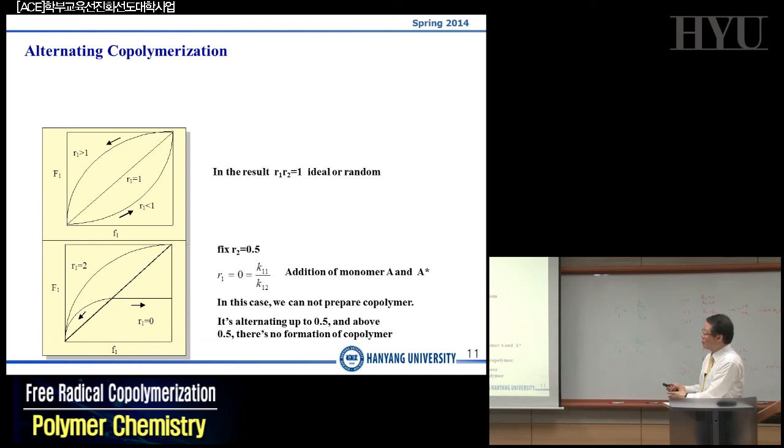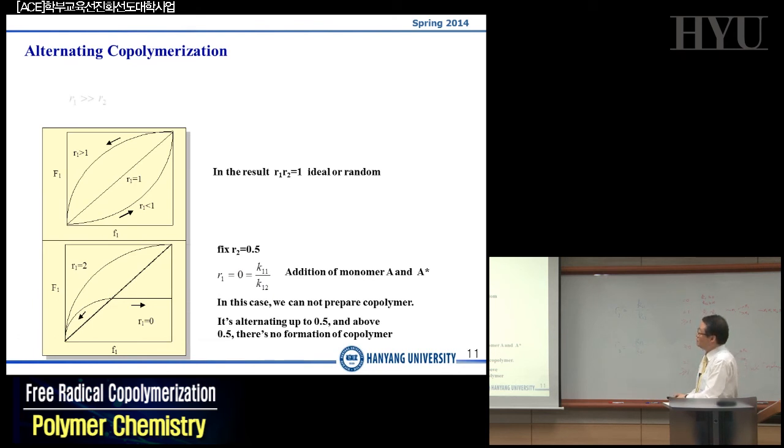Now, we have one more thing that I have to emphasize here. If you look at this arrow, the arrow is called drift. It's called the drift, and this drift is coming down when you are above this azeotropic line, or if it's below your azeotropic line, it comes up. Okay, the arrow is coming down when it's above this azeotropic line.